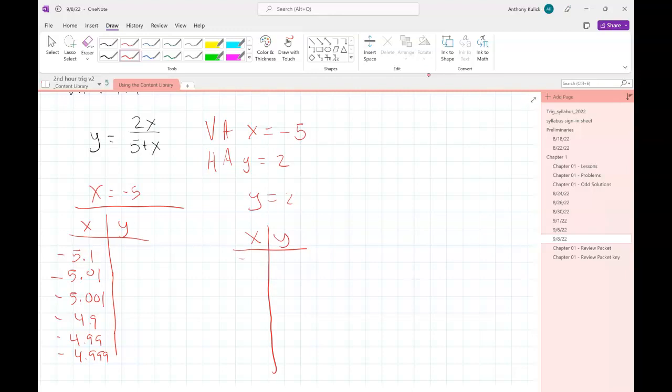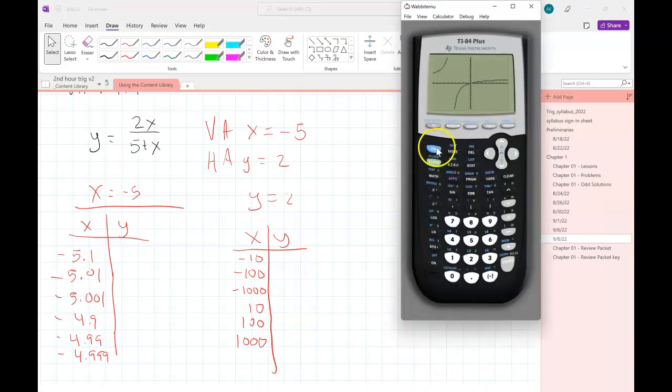But here I'm going to be getting progressively smaller and then progressively bigger. And I'll use my calculator to pull those y values. Okay? All right. So the easiest way to do this with our calculator is I'm going to press the vars button.